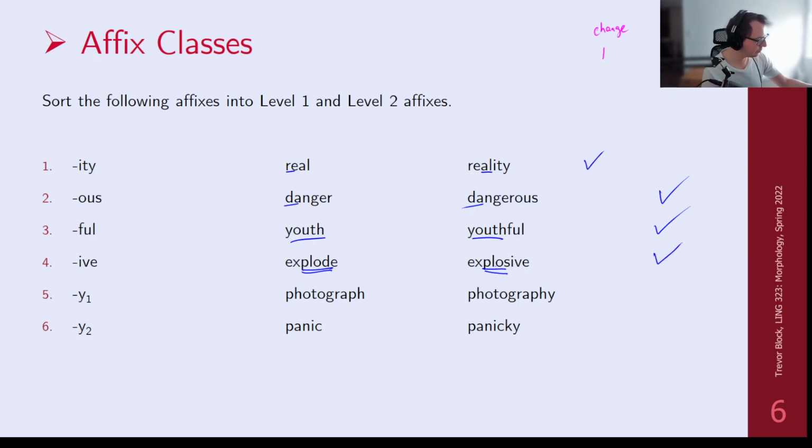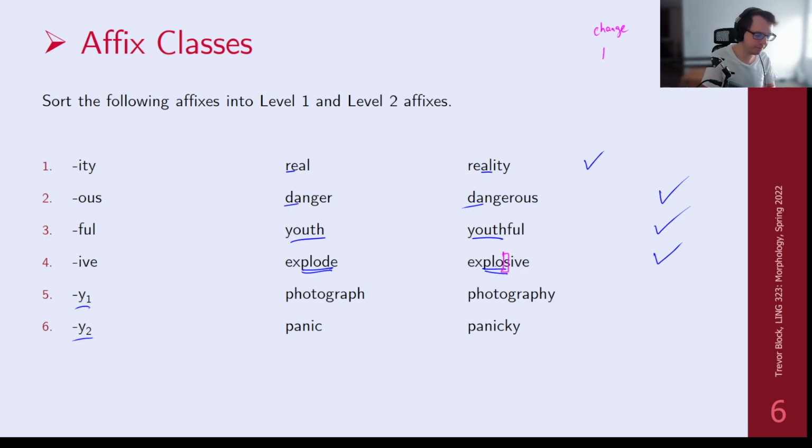Even though we have some morphophonology happening here, the D is changing to an S, what we're concerned with is the fact that we have a stress staying in the same spot. This is likely some other phonological process happening, like some weakening of the consonant to the fricative. This is unrelated. Then there's two Y suffixes, so E1 and E2.